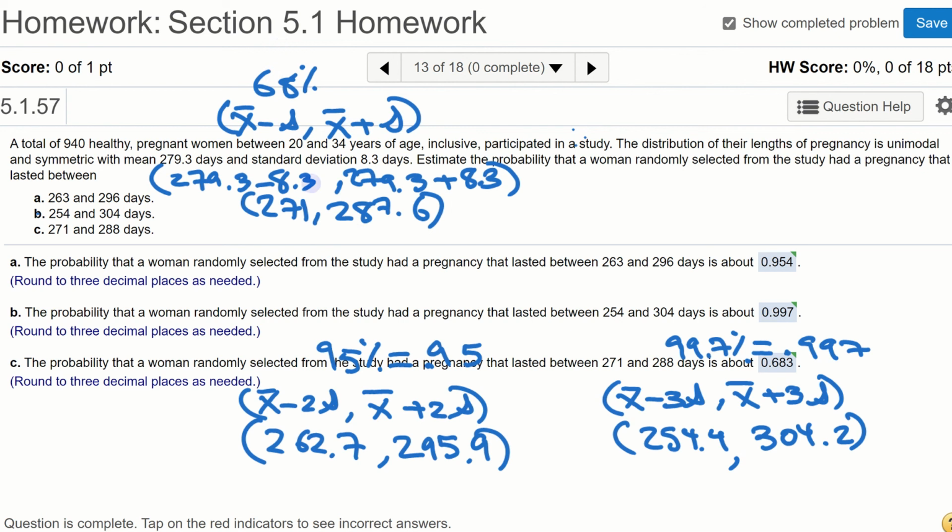And this one is the probability that it's between 271 and 288. Recognize that right there. This one is going to be the 68% group. And for this one, again, if you just type in 0.68, it'll be acceptable as a correct answer.